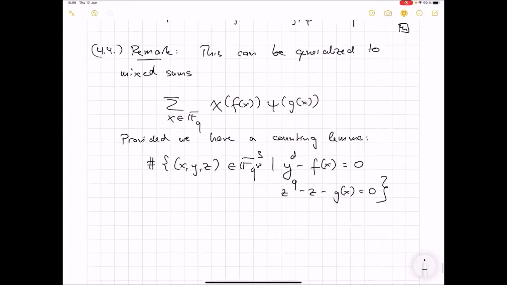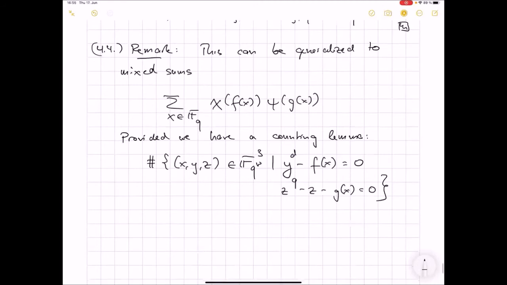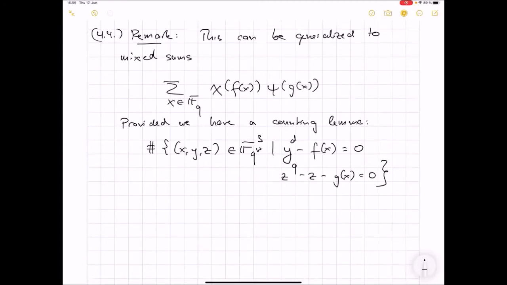So now it's 2 equations in 3 variables. And this you can also use auxiliary polynomials, but this is a bit more complicated. Again, I refer to Schmidt's book, where this is all worked out along similar lines, but it's a bit more complicated.